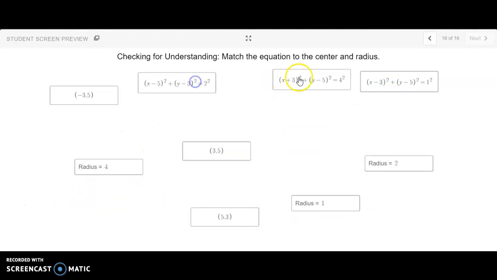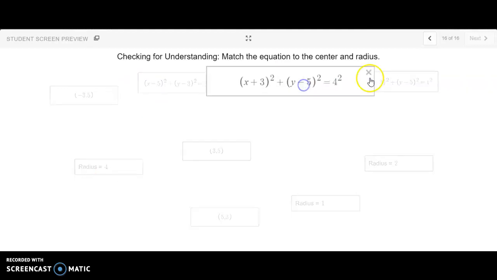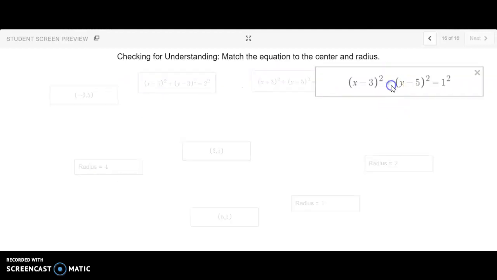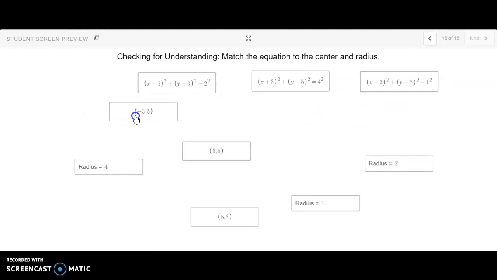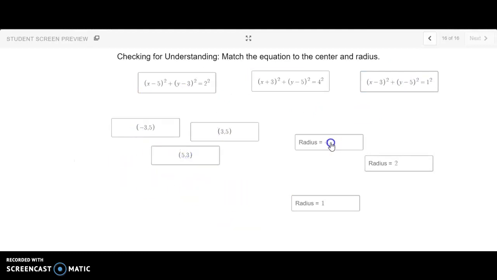I like to put these at the top, and you're going to match what center goes with each of these 3 equations. You're going to put one of these in no particular order here. You're going to match those up, and then you're going to match one of each radius with each equation. All right, good luck. If you need help, send me an email, and I'll get back to you as soon as I can. All right, guys.